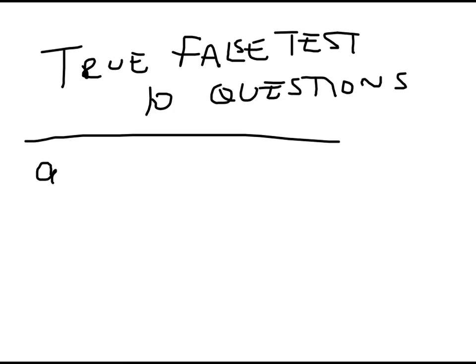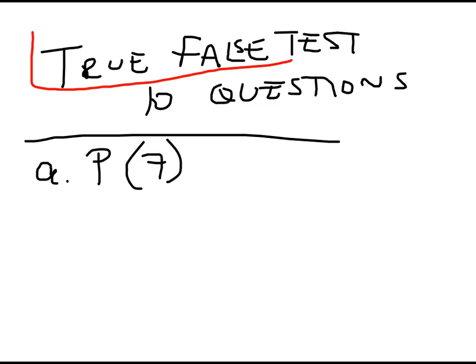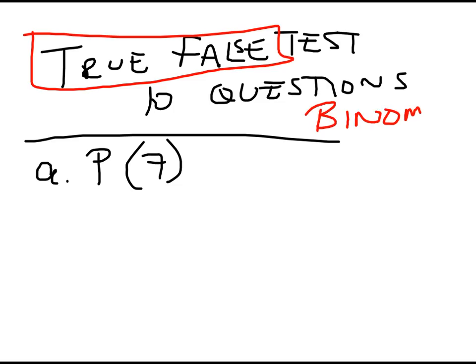Part A: what's the probability that the student gets exactly 7 correct? Because this is true-false, we know that this is a binomial distribution. We also know that this is a discrete problem because we have a fixed number of questions. There are only 10 questions on this test.